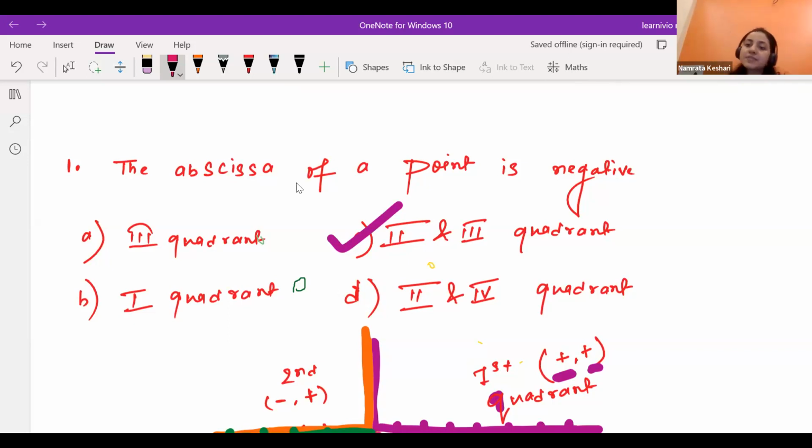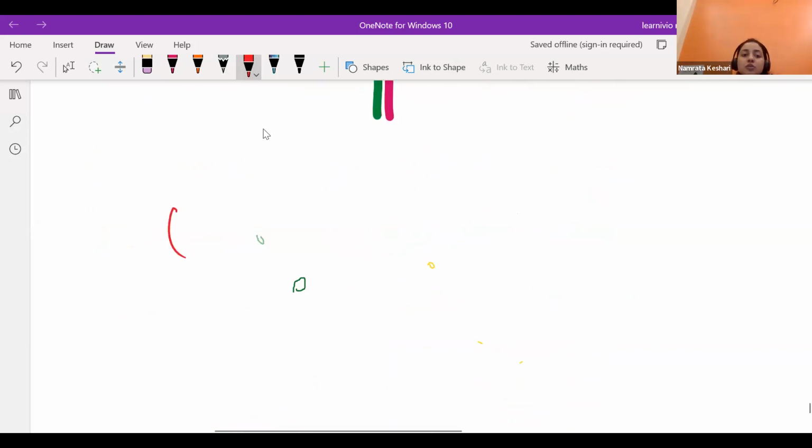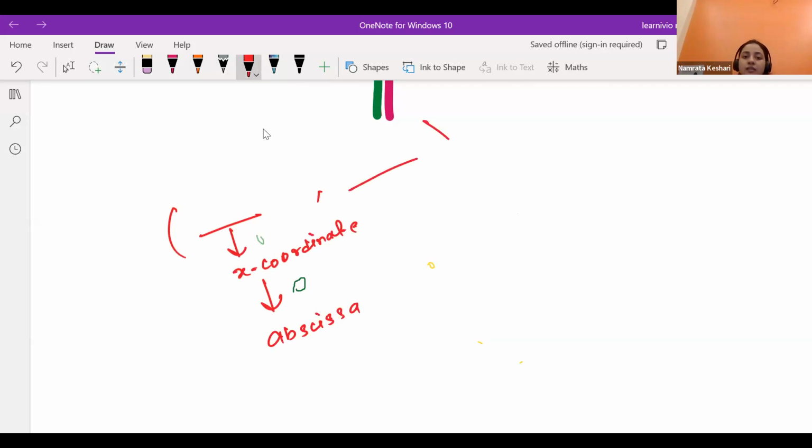X coordinate को abscissa भी बुलाते हैं, y coordinate को ordinate भी बोलते हैं. Ma'am, x dash is negative, right? I'm coming to that. Okay. And y coordinate we also call ordinate.